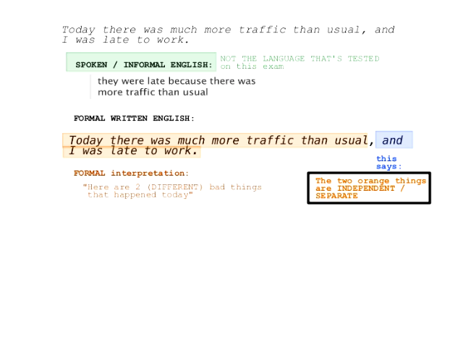Now notice that there are two ways you can communicate this relationship, if you actually want to communicate a relationship.